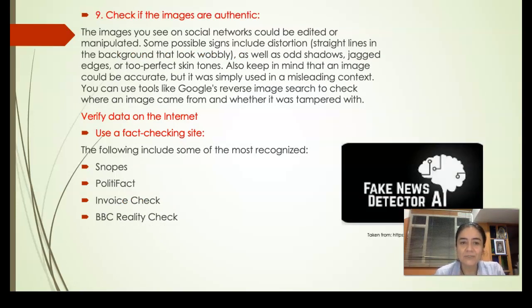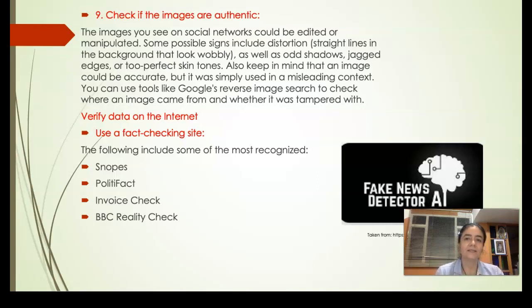The images you see on social networks could be edited to manipulate. Some possible signs include distortion, strange lines in the background that look blurry, odd shadows, jagged edges, or too perfect skin tone.